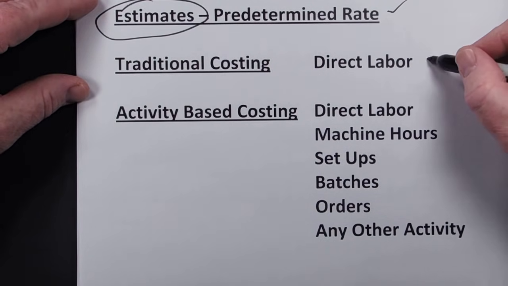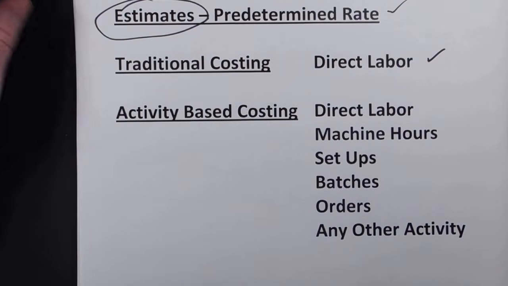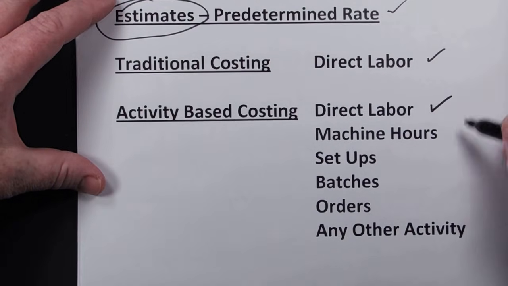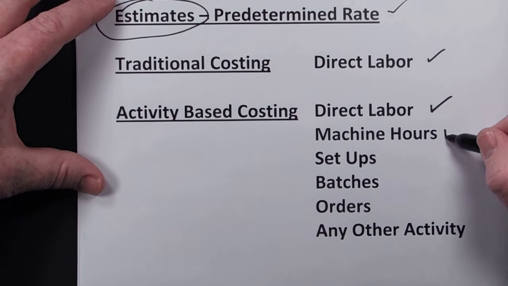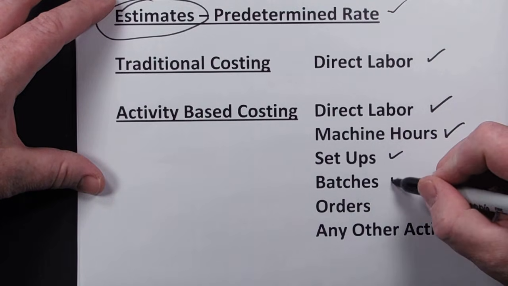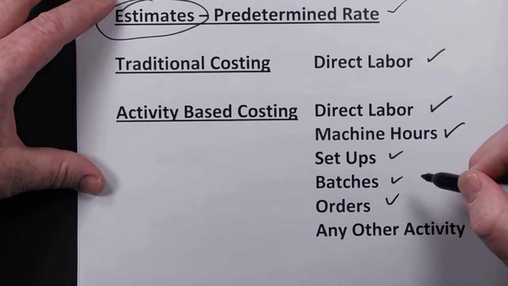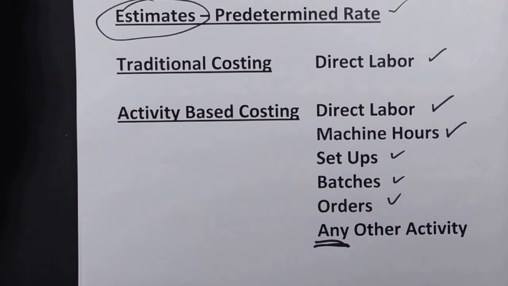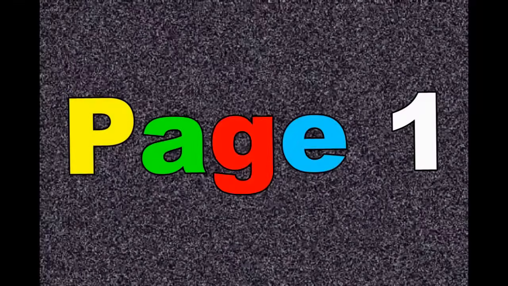Traditional costing used only one driver, direct labor. Activity-based costing, which we're going to talk about a little bit later, you can use almost anything for driving the cost. It could be direct labor, machine hours, setups, anything. Whatever it takes to drive that cost.